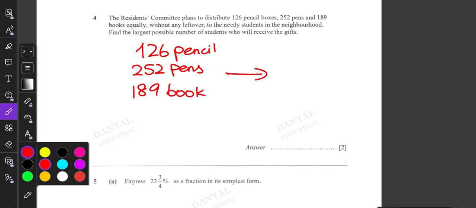First, add everything up. Okay, you have 567 items. Alright, and it says that they don't have any leftover, so you need to do the prime factorization of 567.